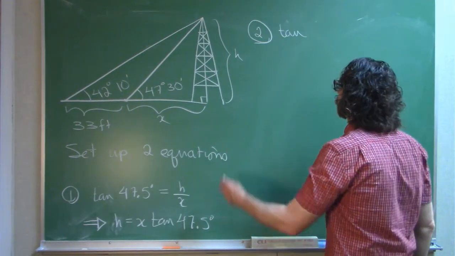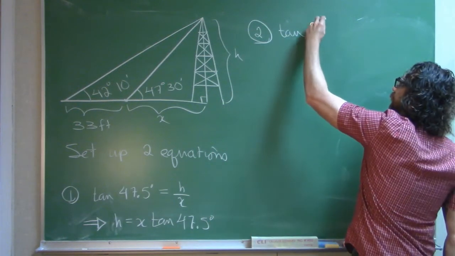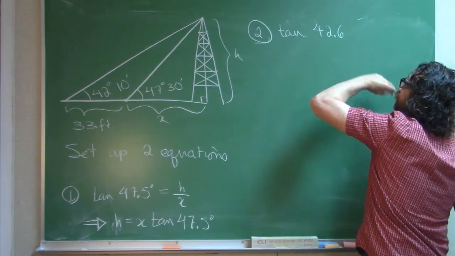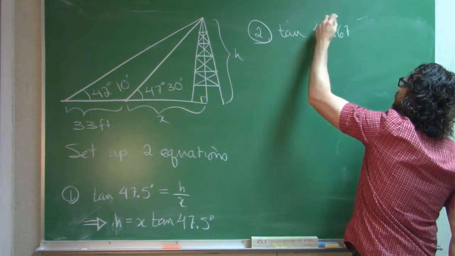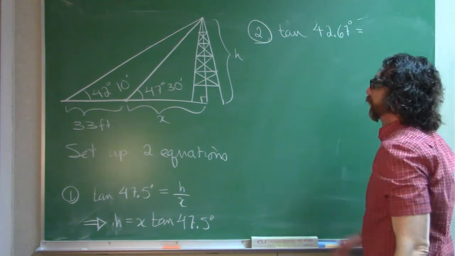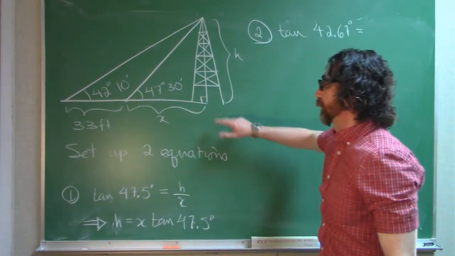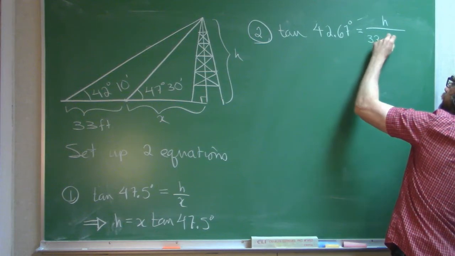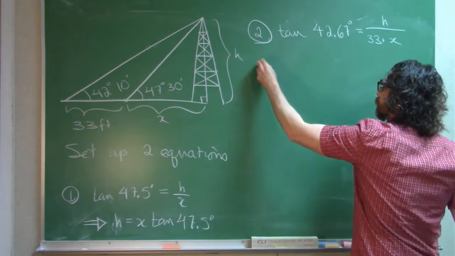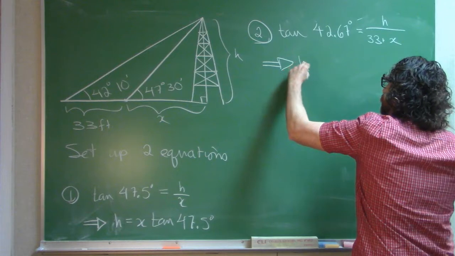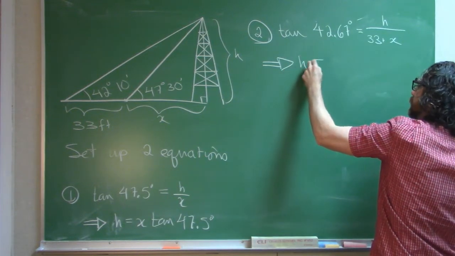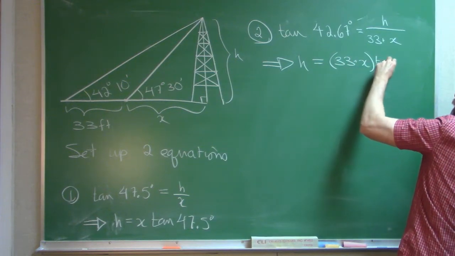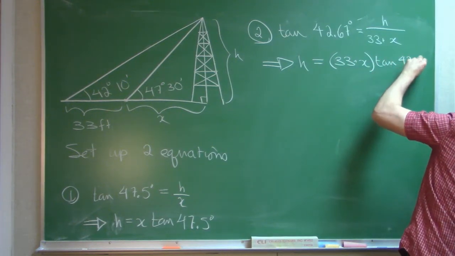So tan of 42.67 degrees equals opposite over adjacent, which is that long side here, h over 33 plus x. So from this equation, we get h equals 33 plus x times tan 42.67.